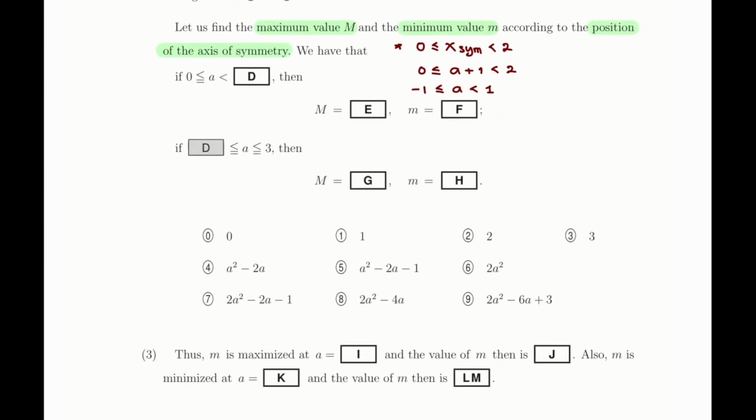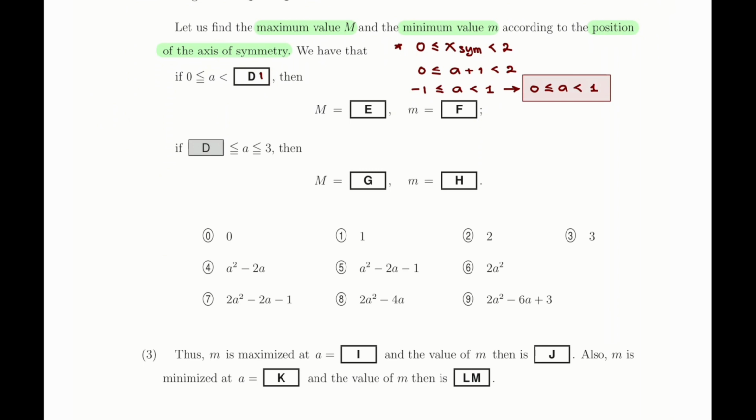So the intersection is 0 less than or equals a less than 1. This is our first position of the symmetrical axis. So D here is 1.